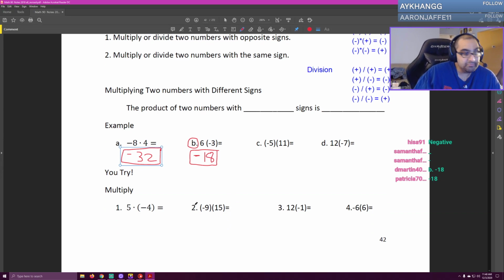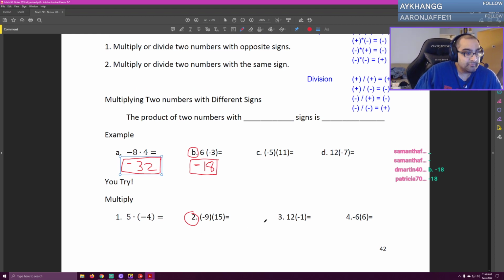Okay, good. Let's try this one. Negative 9 times 15. What's that going to be?